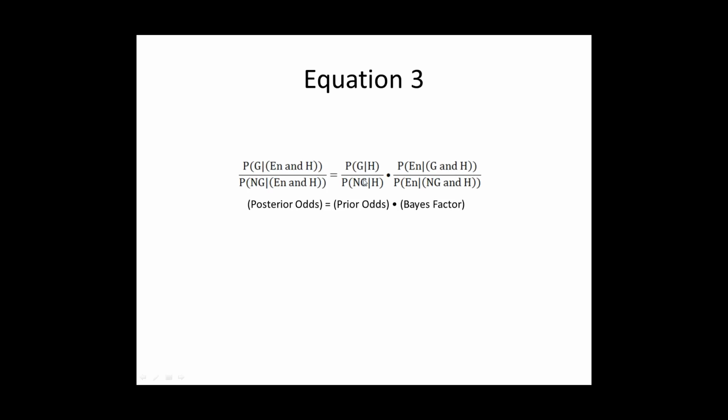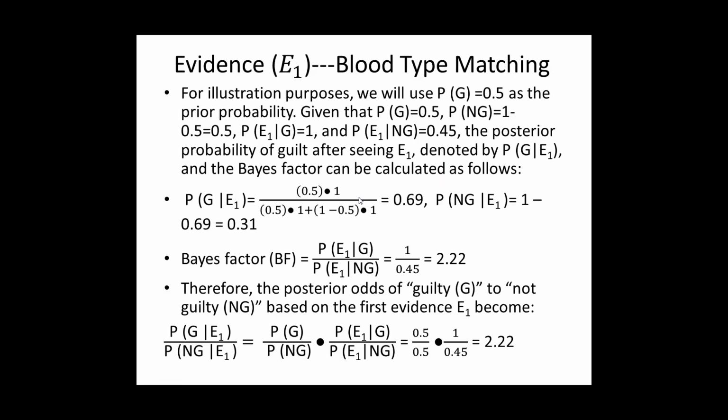So we plug into the formula in equation number 1, and it comes out to be 0.69. This means that based on what was actually observed in the first evidence pertaining to the blood type matching, at this time, guilt status is 69%.